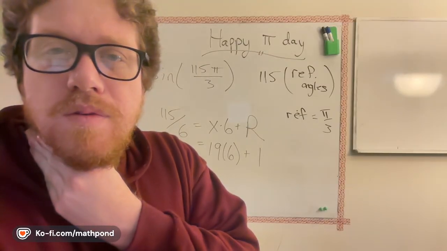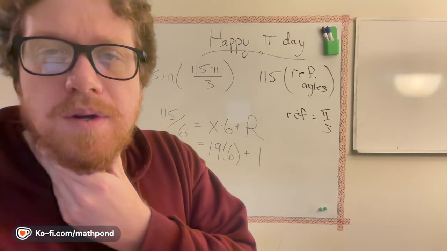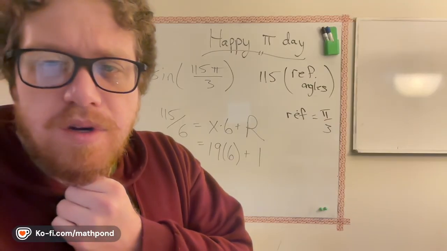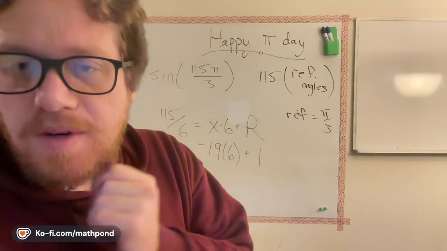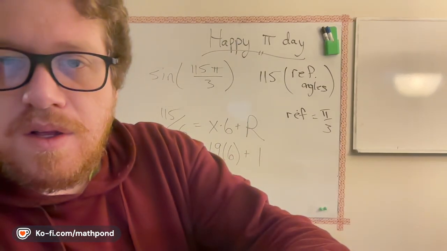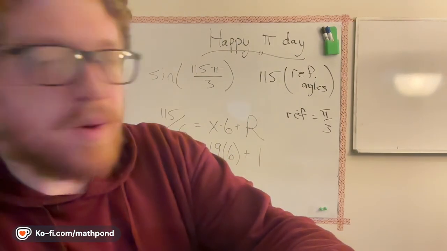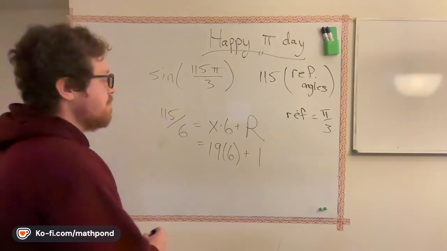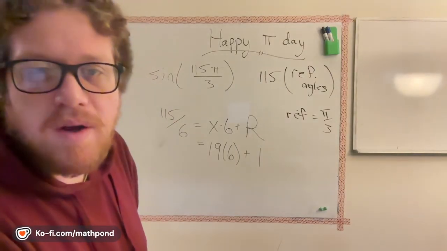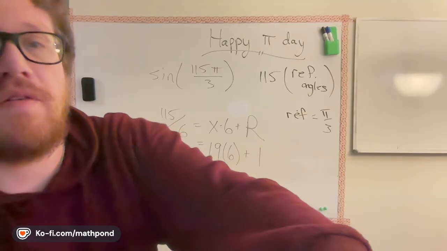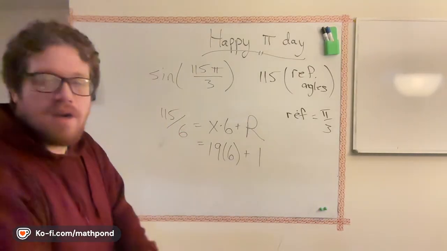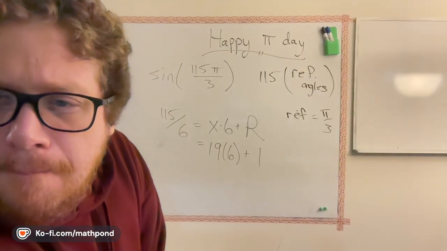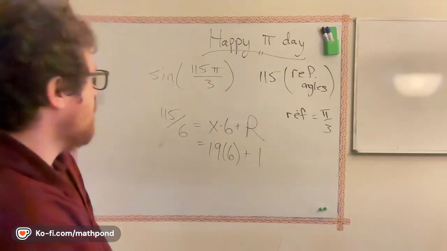I don't see where you said the remainder is 1. Oh, okay, I see it now. The remainder is the new numerator. So 1, so pi over 3, since that's the reference angle. So you get sine of pi over 3, and sine of pi over 3 is square root of 3 over 2. Okay, perfect. Yeah, that looks good. Nice. That works.